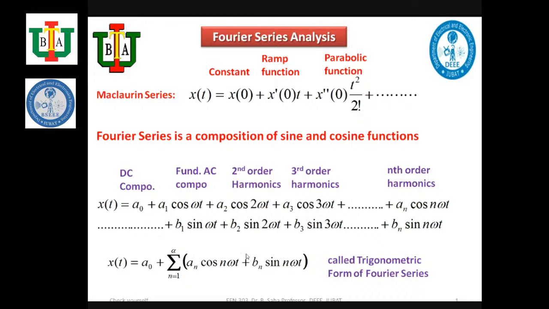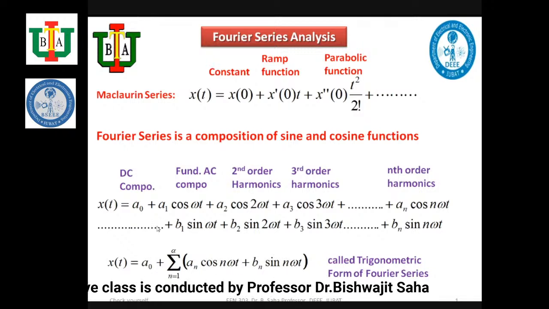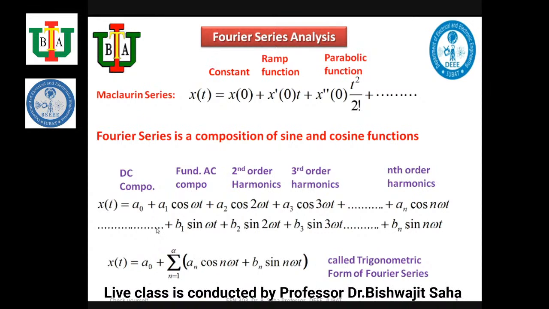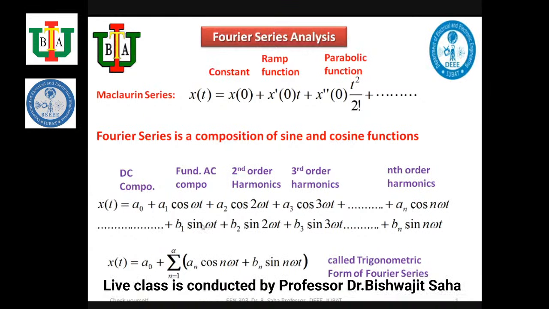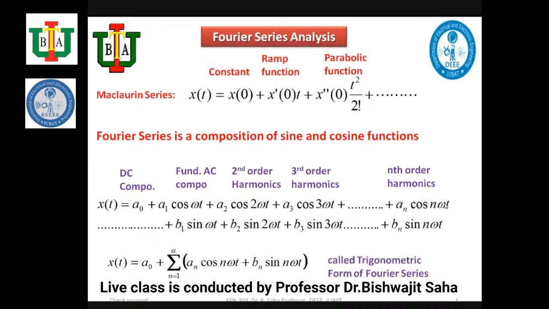A very interesting point here is that the b0 coefficient is absent. This is because n is based on frequency, and when the frequency is 0, the sine term is 0.